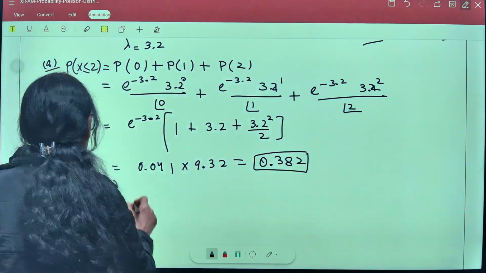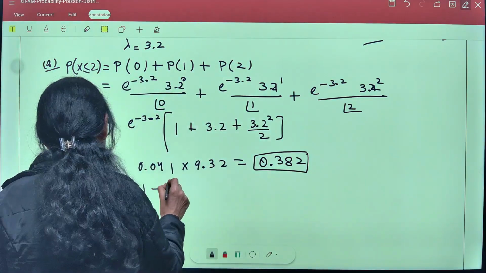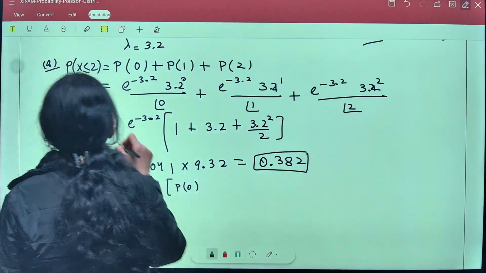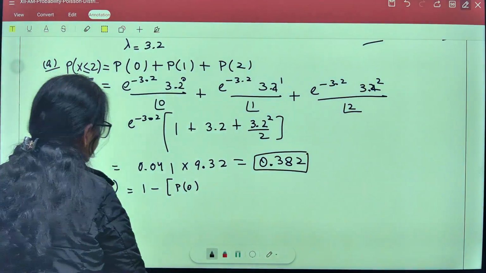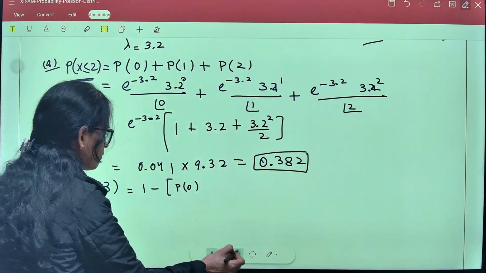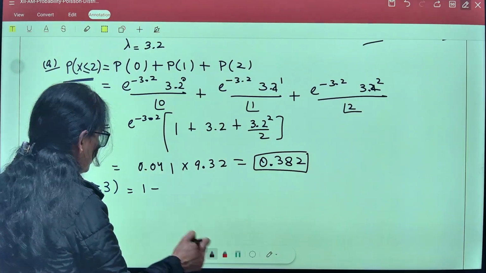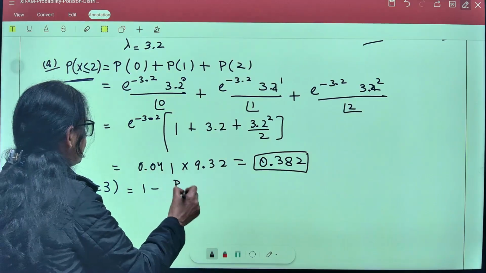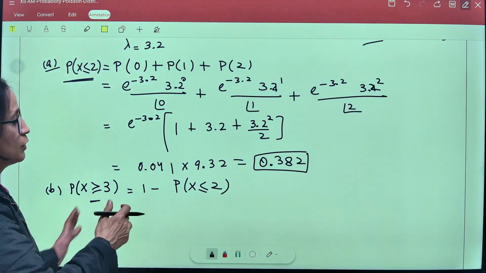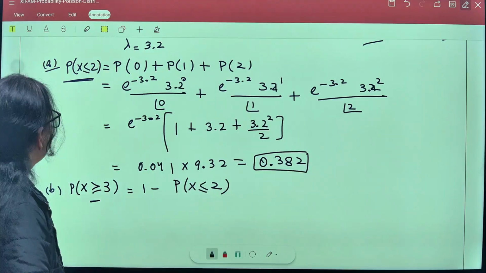So let's do that. So this is equal to 1 minus probability of less than or equal to 2, because we have already calculated that in the first part. So always be smart and try to reuse whatever you can. So 1 minus probability of x being less than or equal to 2, we can straight away use that here rather than doing 0 plus 1 plus 2 again.